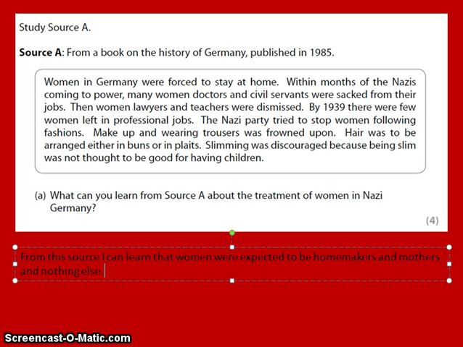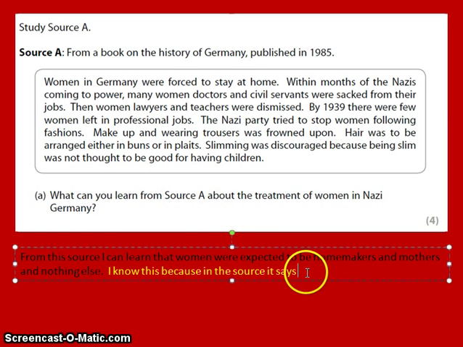So that's my inference. You know from what we do in class, again, that we need to provide evidence, and we can use a sentence starter to help us with that, because we can say, I know this because in the source it says, and this is where I need to find a piece of evidence that supports my inference.